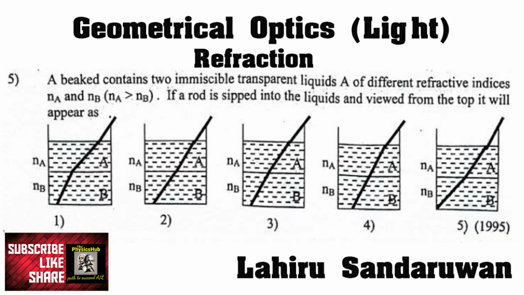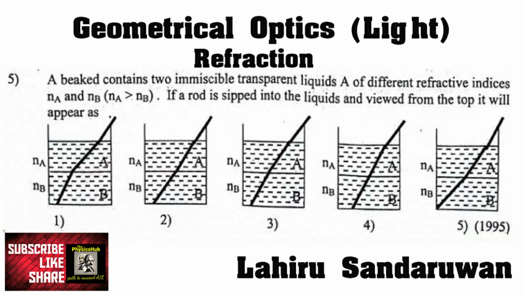Question 5. A beaker contains 2 immiscible transparent liquids A and B of different refractive indices Na and Nb. They have given that Na is greater than Nb.